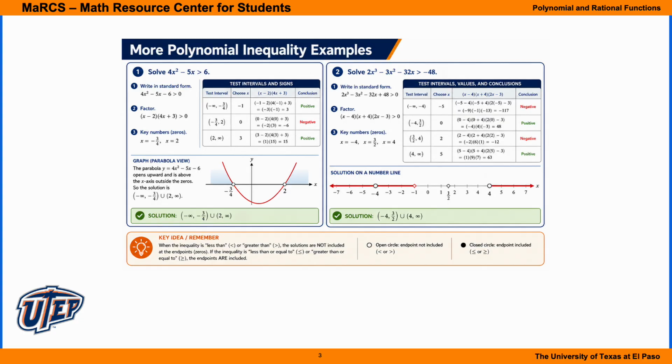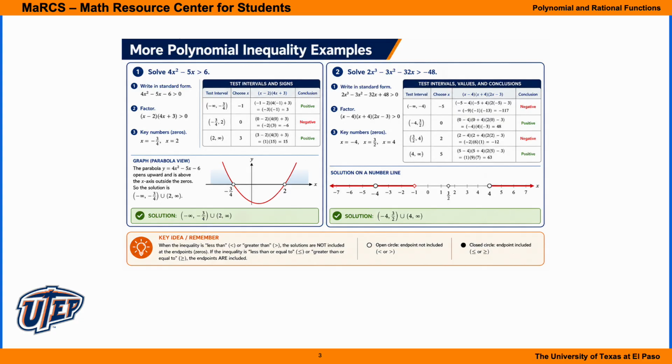For the interval 2 to infinity, we chose the value x is equal to 3, so f of 3 is equal to 15, which is positive. So our function is positive on that interval, so that interval will also be part of our solution. So our solution is negative infinity to negative 3 over 4 union 2 to infinity. Those are the intervals for which the function 4x squared minus 5x minus 6 is greater than 0.